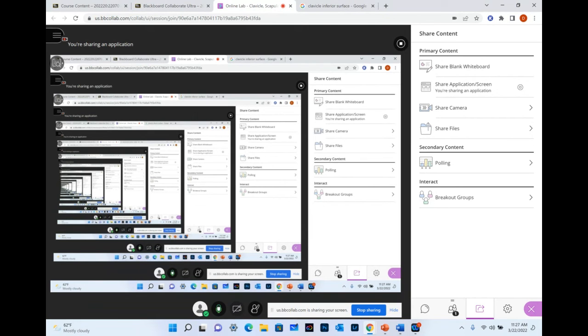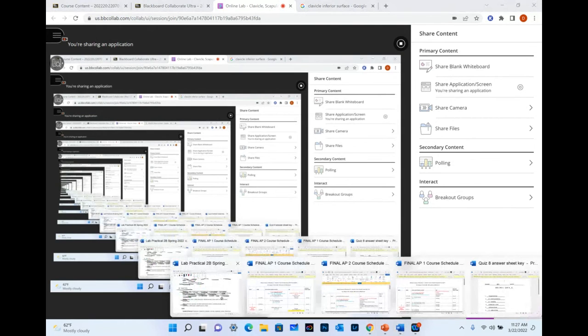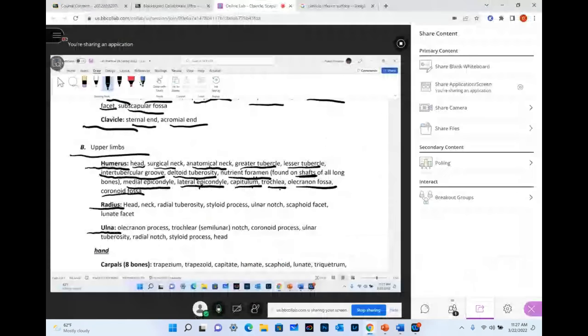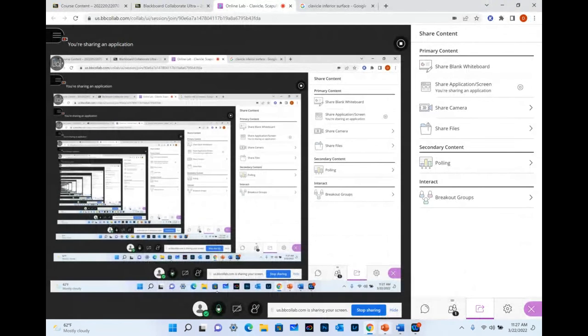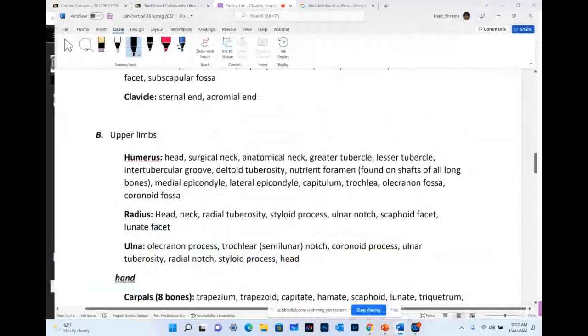Okay, radius. I need a radius. Now let's look at our handout one more time to figure out what radius is going to be about.